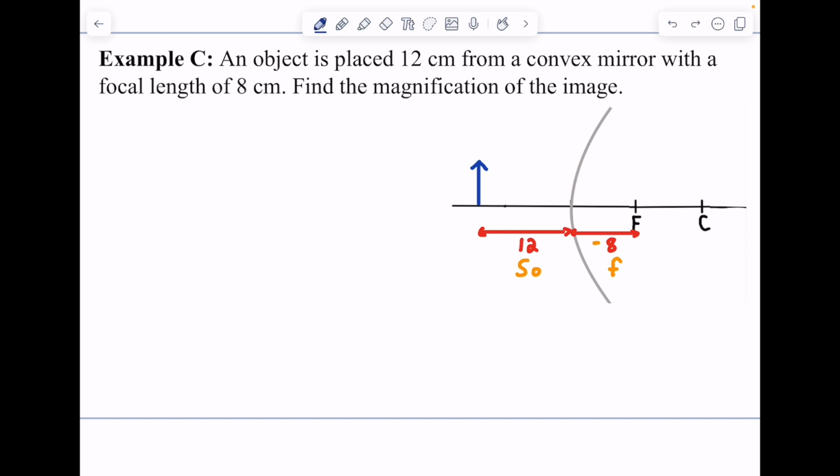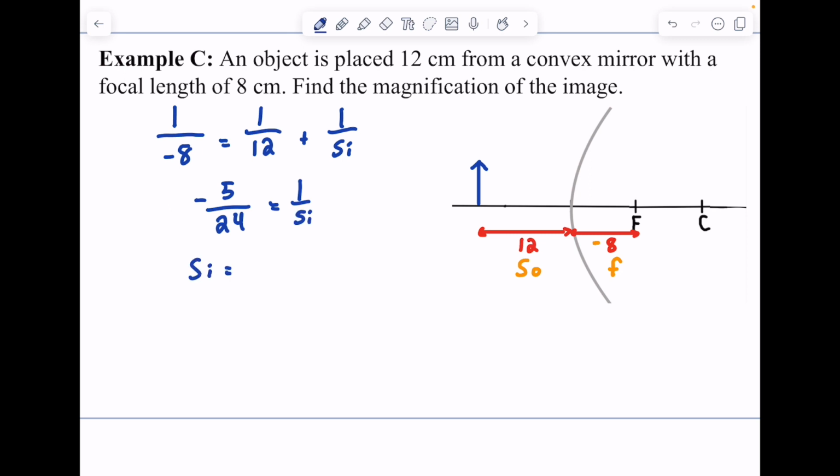So in this case, the mirror equation is going to say 1 over the focal length of negative 8 equals 1 over the object distance of 12 plus 1 over the image distance. Negative 1 over 8 minus 1/12 is negative 5 over 24. So the image distance is negative 24 over 5, which is negative 4.8 centimeters.